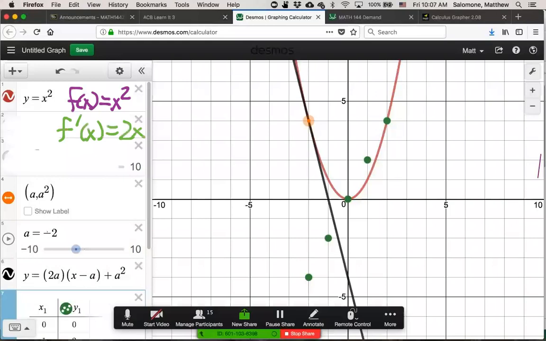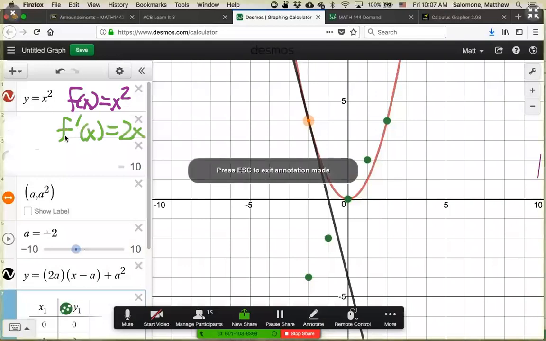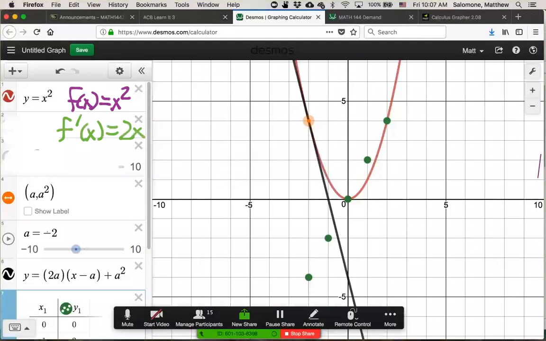So if I want a formula for the derivative of f of x equals x squared, that formula is f prime of x equals 2x. And it turns out that we could continue this process of experimenting, but mathematically, we can prove a theorem that tells us for any power of x how to compute its derivative.